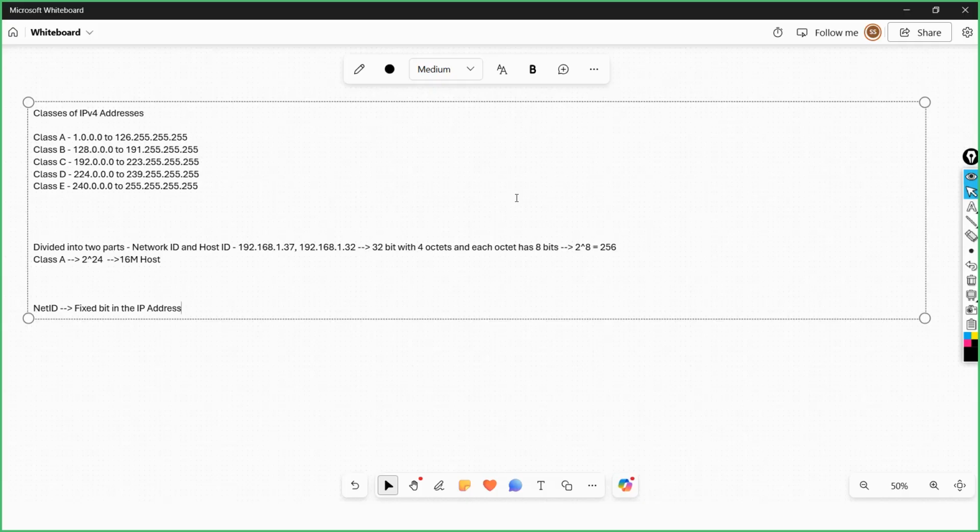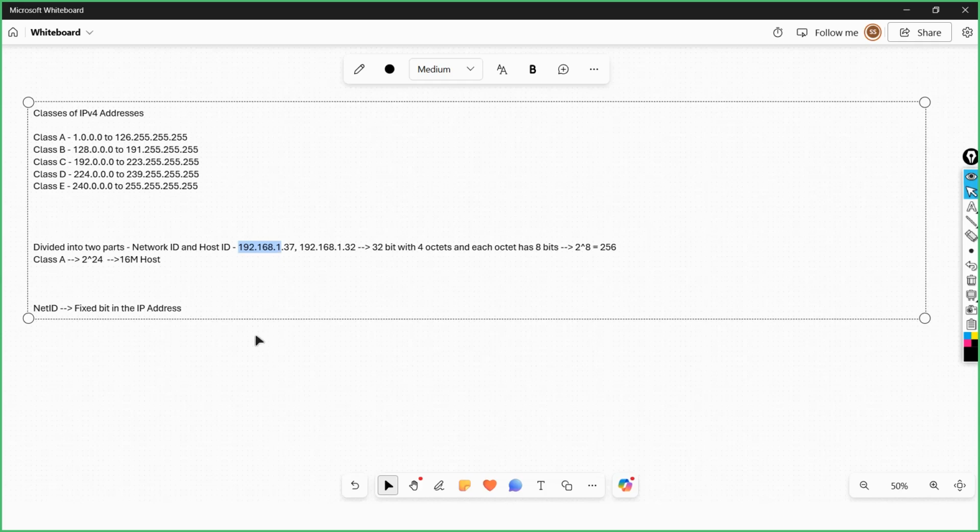It will not change. Like in the Sohail network example, you have seen that the first 3 octets are the same. It is a class C IP address because it is falling in this range, right? So it is a class C network he is using, and over here you will see that the first 3 octets are the same. Only the fourth is changing. The network bits always remain the same.